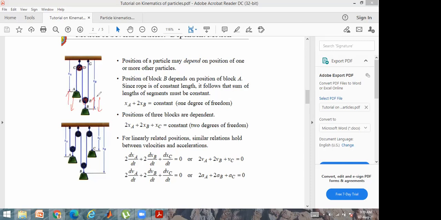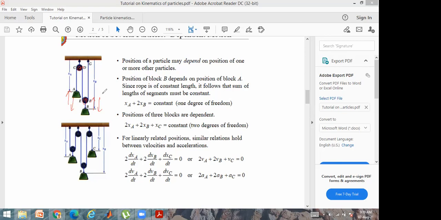So the positions of blocks A and B depend on each other. In this sort of problem, you need to solve it using the concept of constant length. What is the length? It is the length of the rope or string that has been attached.